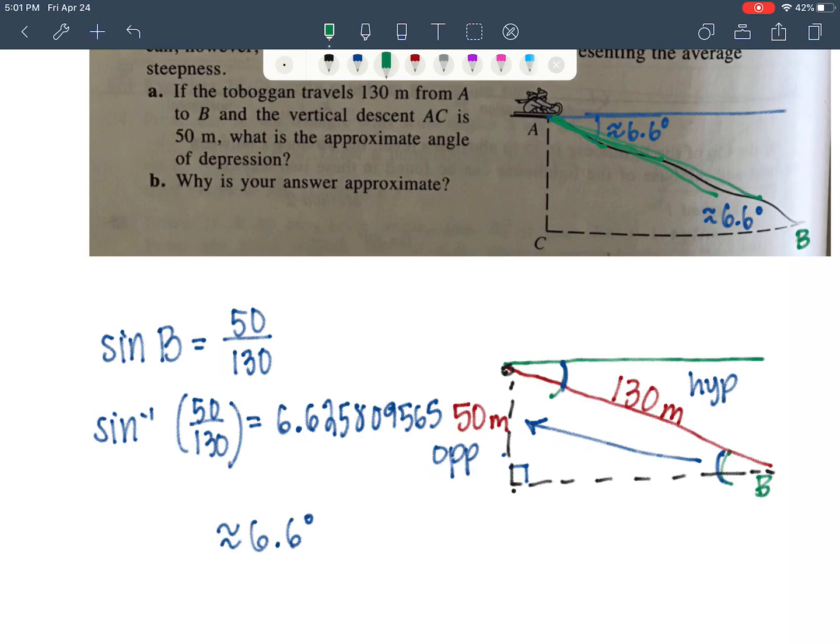So depending on what point we're at, that first dip is a steep dip, right? But then look at this next dip. That one's not as steep. And then this one, pretty steep again. And then the next one, not as steep. So what's happening is that we're just going to take an average steepness. So it's an approximate 6.6 degrees over the course of the entire 130 meter travel.